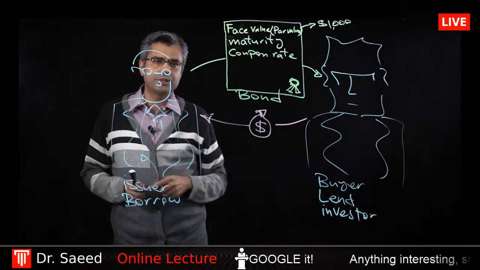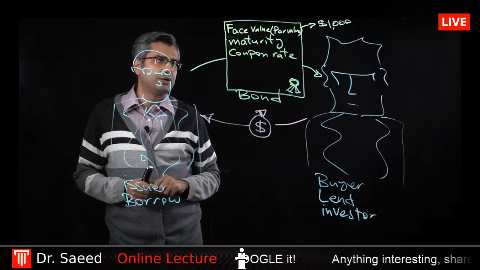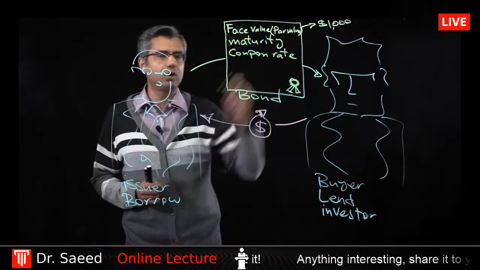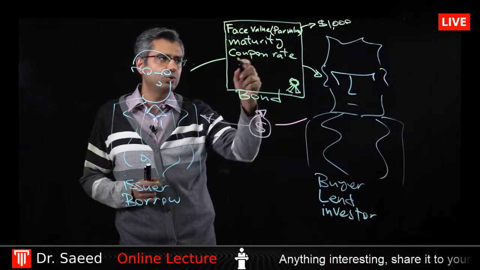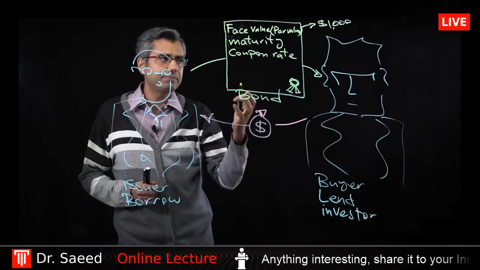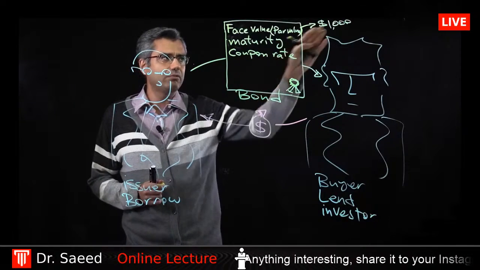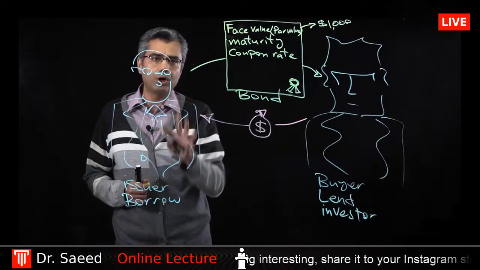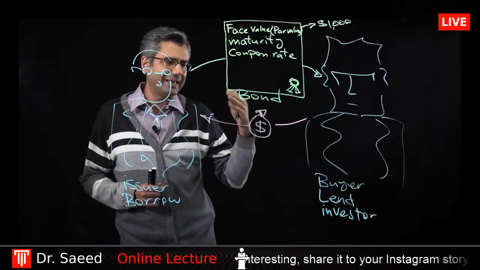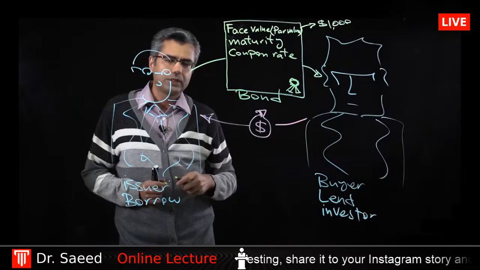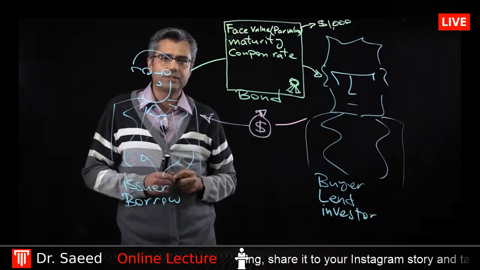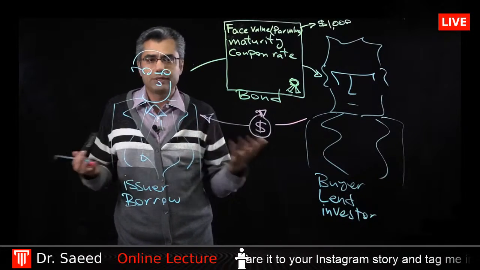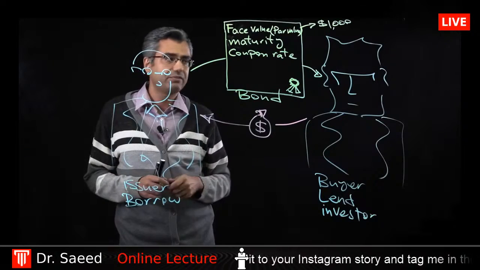It's a fixed interest mentioned on the bond instrument, and it's always a percentage of par value. For example, if the coupon rate is 5%, this means 5% of $1,000, which is $50. In other words, the borrower needs to pay $50 every year to the investor. It's a fixed interest that the borrower needs to pay, because the borrower is borrowing money.